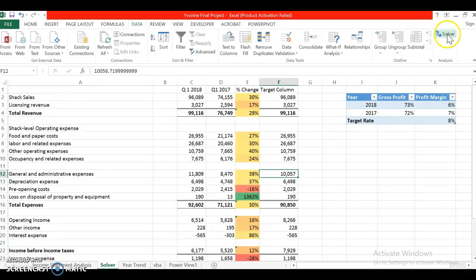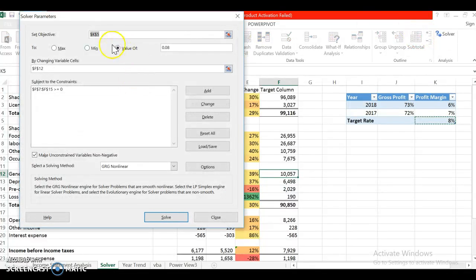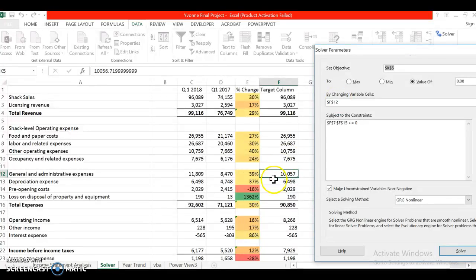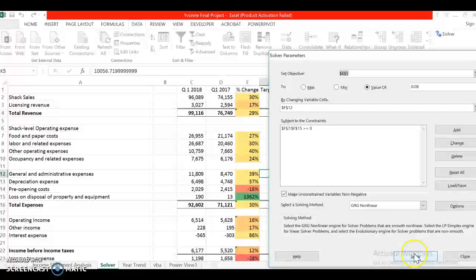So in our solver, we set the target rate to equal the value of 8%, by changing the general and administrative expenses, which is easier to manage than other variable costs. Our constraint will be that all the expenses should be greater than 0.